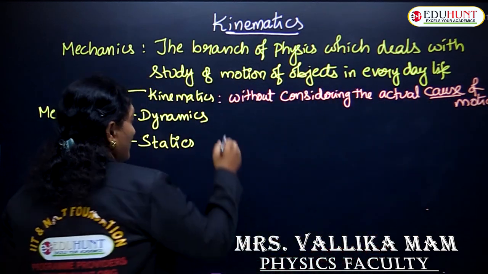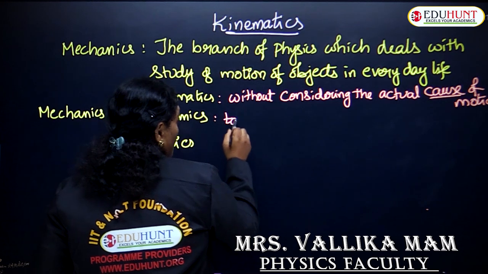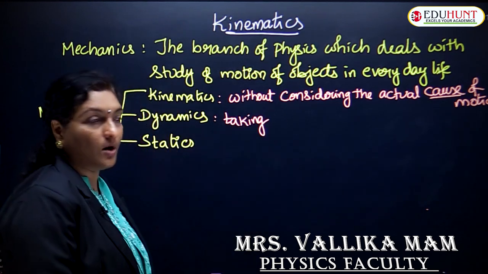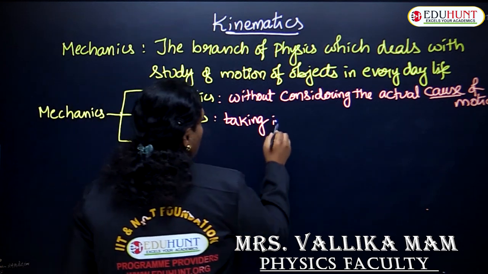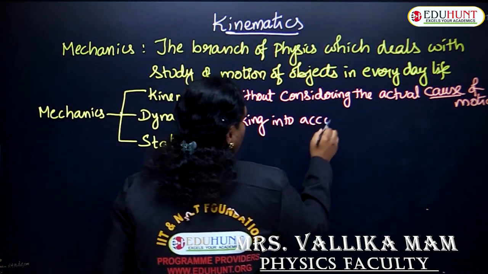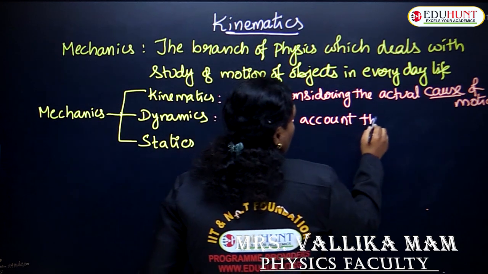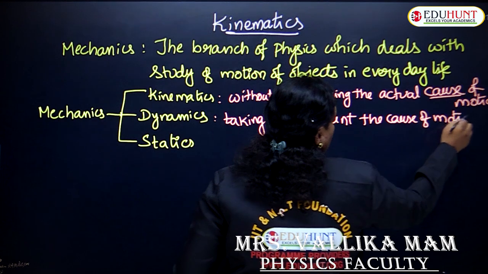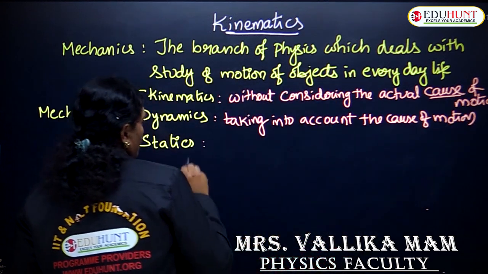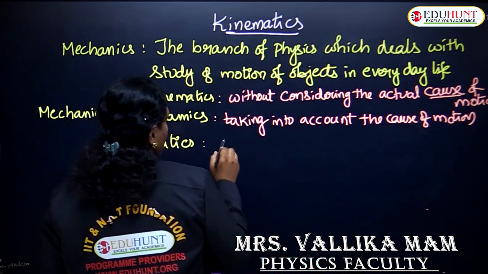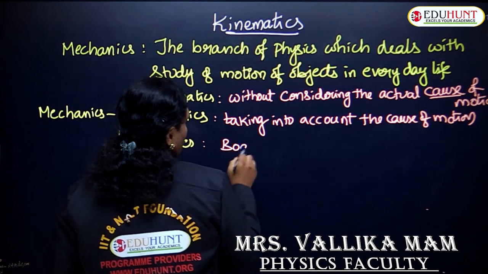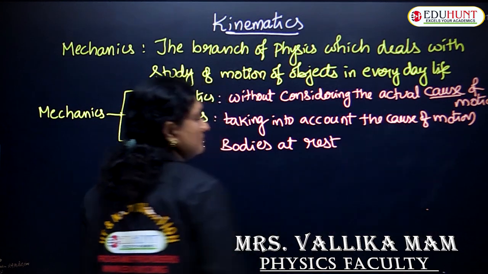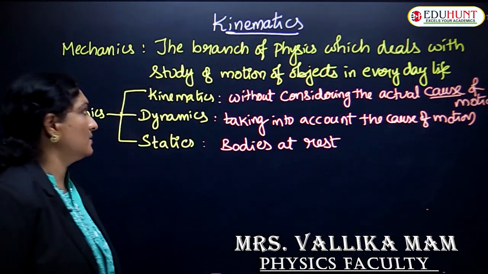And in dynamics, you need to identify because of what cause the body is set into motion, taking into account the cause of motion. And statics means the study of bodies at rest with respect to a fixed point.